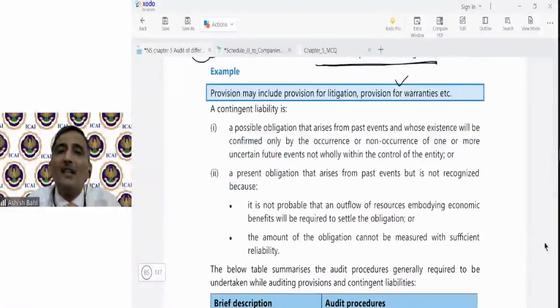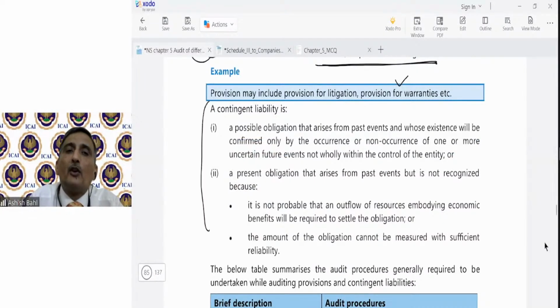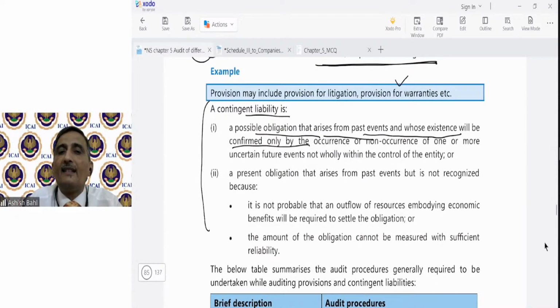And what is the definition of contingent liability? It is completely opposite to it. So a contingent liability is a present obligation that arises from past events and whose existence will be confirmed only on the occurrence of one or more uncertain future events not in the control of the entity.